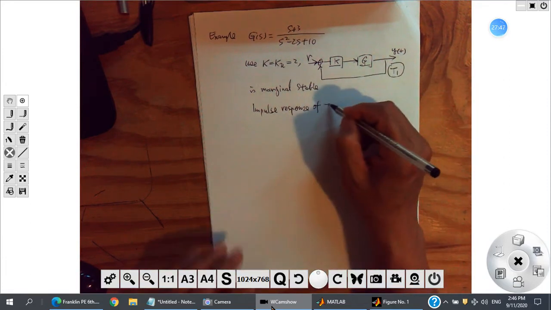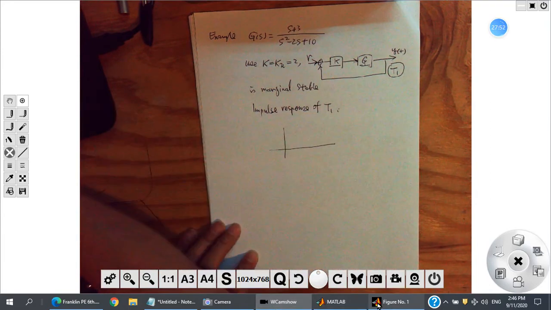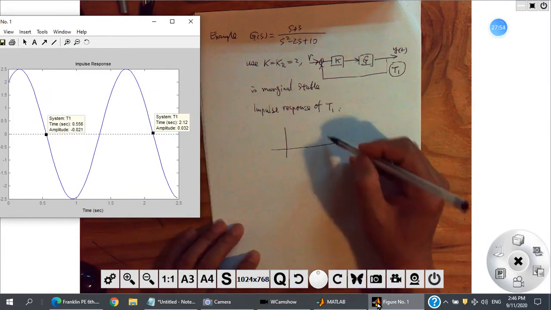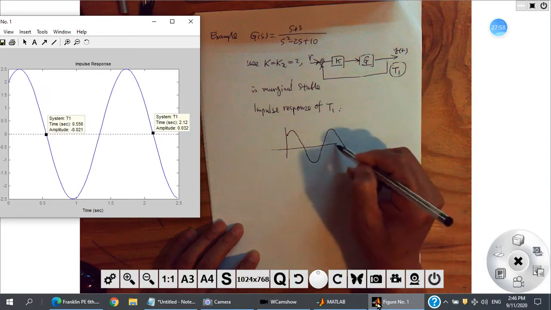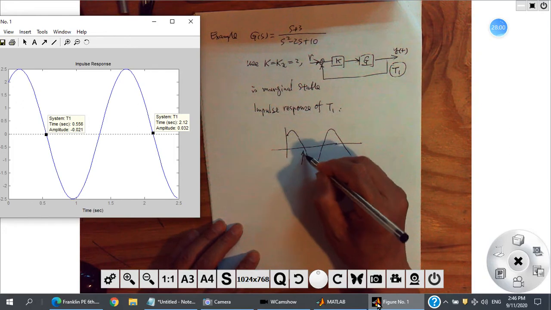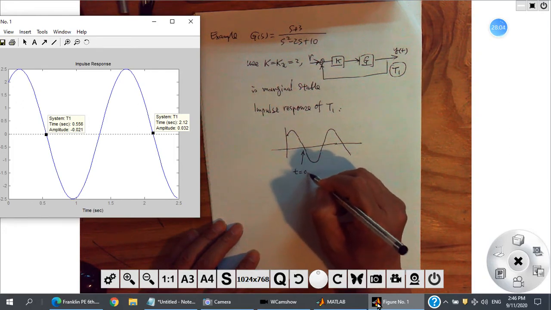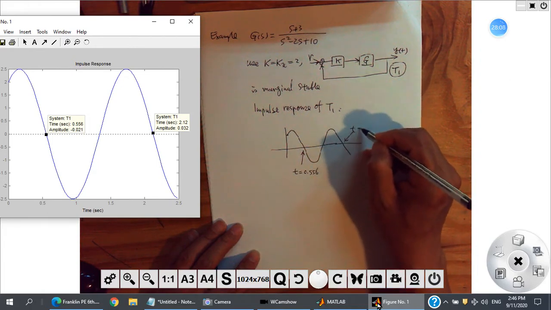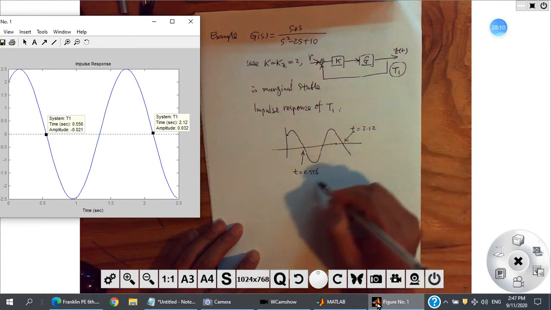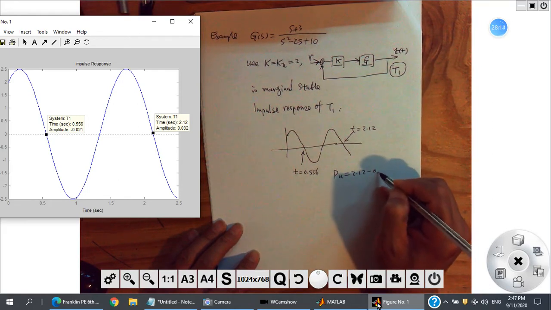Of T1, it looks like this one, right? And we have time. This point is t equal to 0.556, and this one t equal to 2.12. So we have PU is 2.12 minus 0.556.